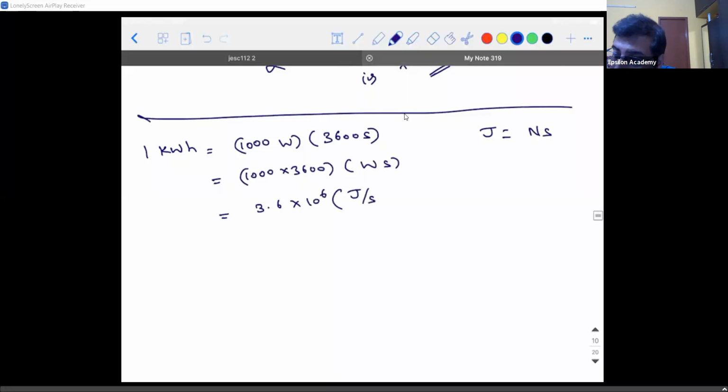Watt can be written as joule per second into second, the seconds cancel, and you get 3.6 into 10 power 6 joule. So 1 kilowatt hour is exactly equal to 3.6 multiplied with 10 power 6 joule.